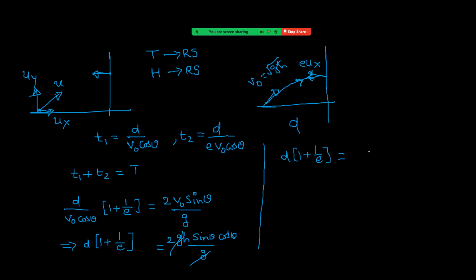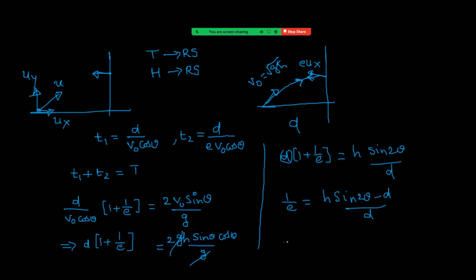Sorry, h into sine 2 theta, and I can take d also here by d. So from this, see what I can do. Take 1 by e value. 1 by e equals h sine 2 theta minus d by d.